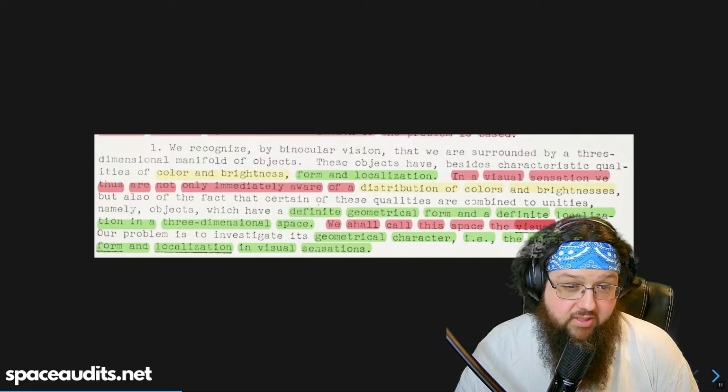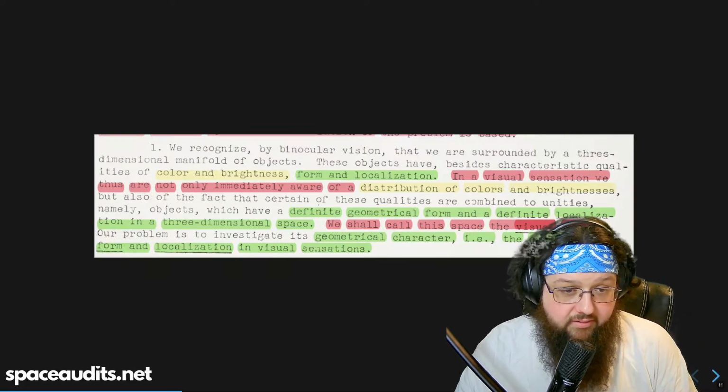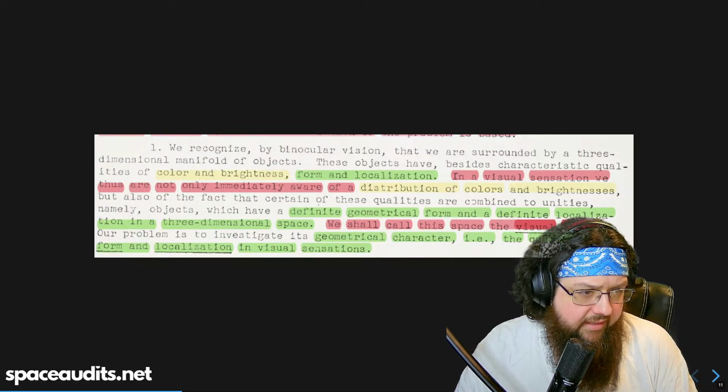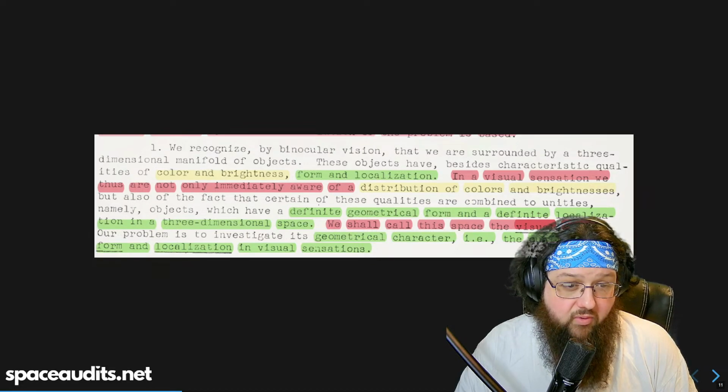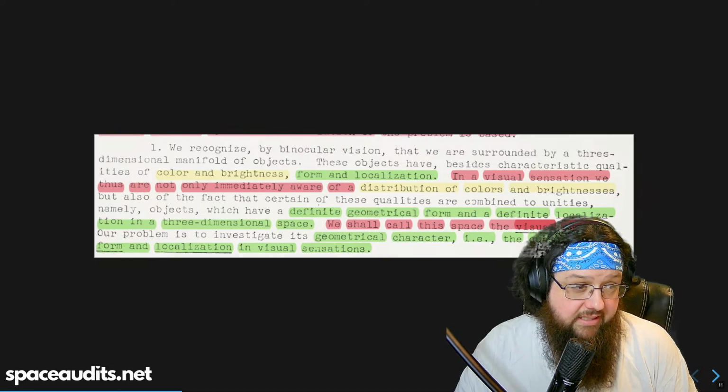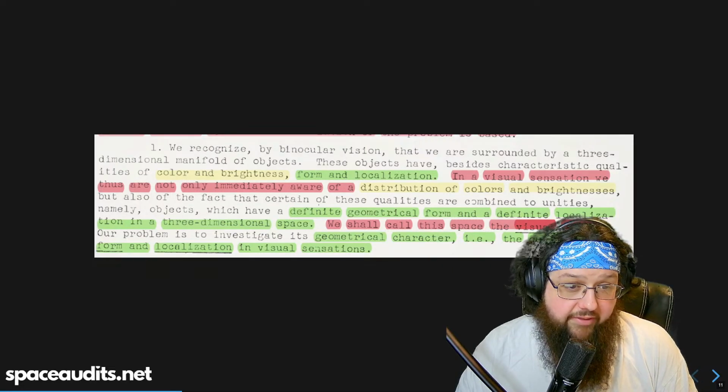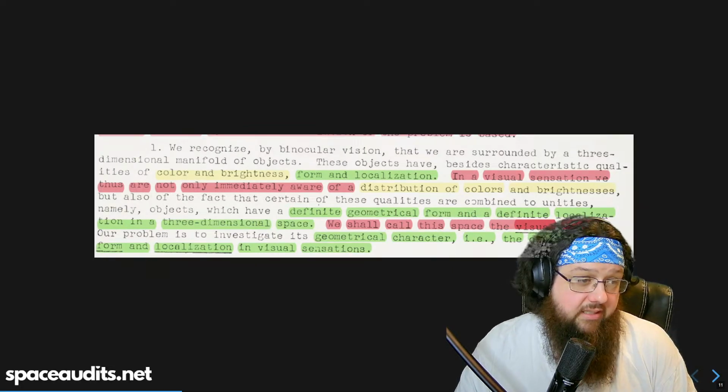So this isn't just about how bright something is or its color shade, but also of the fact that certain of these qualities are combined to unities, namely objects which have a definite geometrical form and a definite localization in three-dimensional space. We shall call this space visual space.